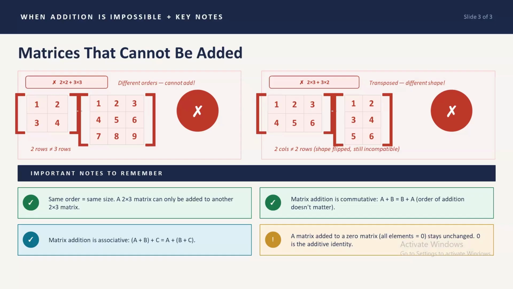Either both of them are 2 by 2, or both of them are 3 by 3, or 1 by 3, depending on the matrix in question. So without wasting much time, let's go straight into it. Let's solve some exercises.